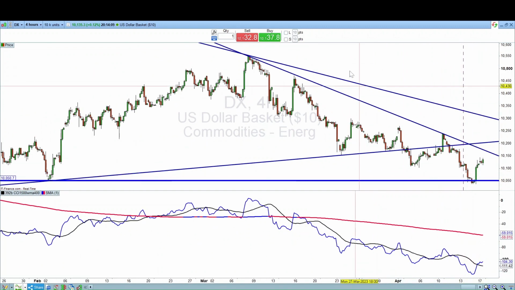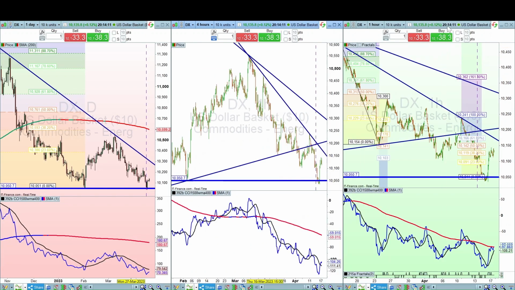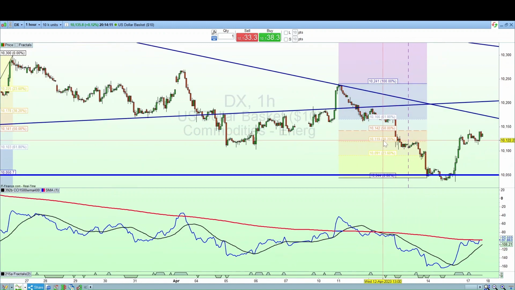Now let me go to the hour chart to explain a couple of things here. If I zoom in that little time frame there, on the hourly chart from the 11th of April to the 14th of April, there's a Fibonacci retracement.